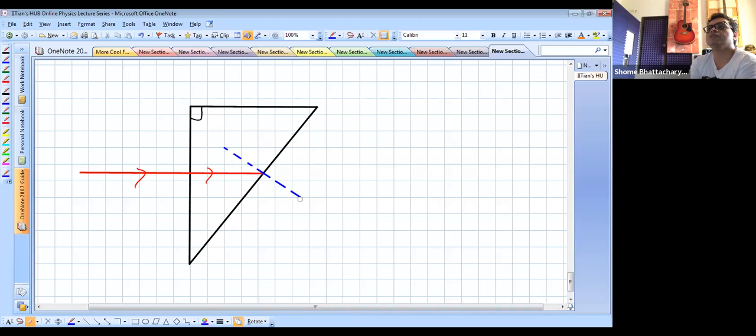But only now you will see that the angle of incidence is equal to this angle theta, because this is normal. So I is equal to theta is equal to 30 degrees. Whereas this time the refractive index of glass is 1.73. So the critical angle is sine inverse of 1 by 1.73.